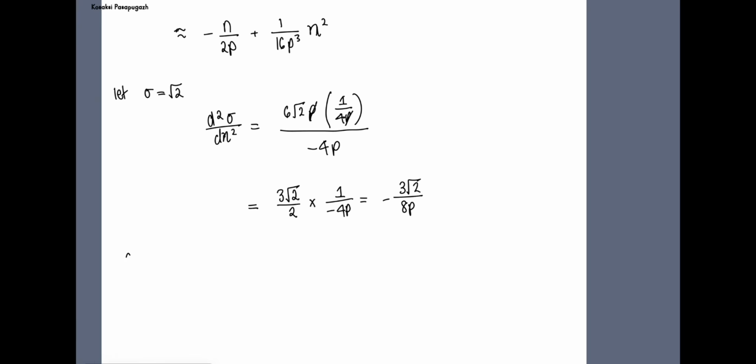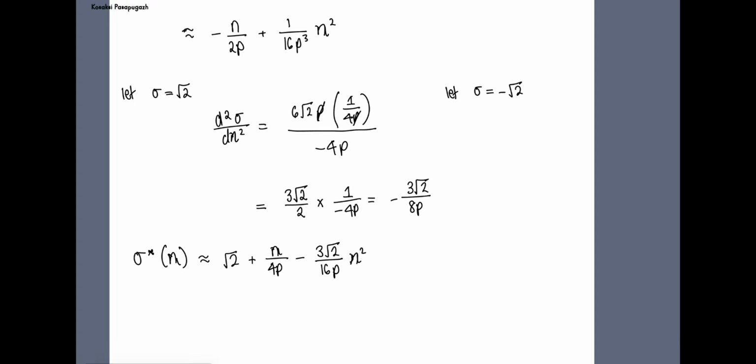So for sigma equal to root 2, we will get root 2 plus eta over 4p minus 3 root 2 over 16p eta squared. And when we let sigma equal minus root 2, we get the exact same thing. So minus 3 root 2 over 8p is what the second derivative is. So we get the exact same answer as that.